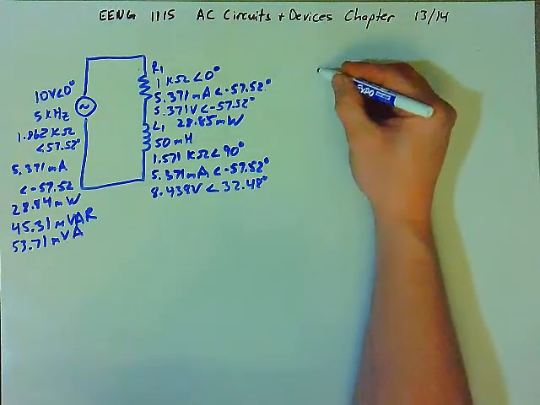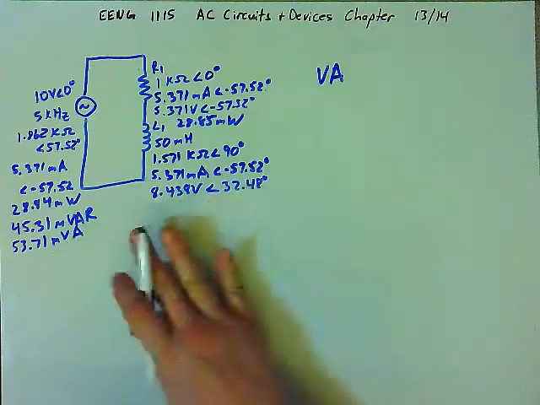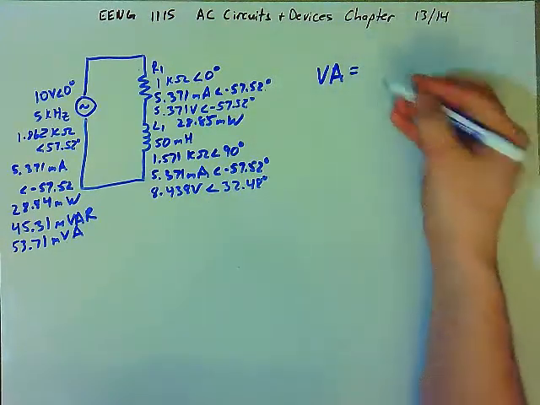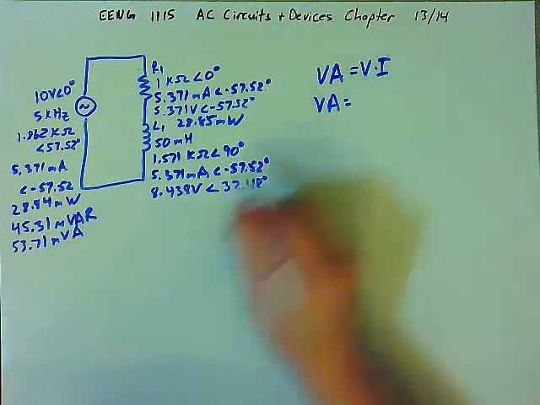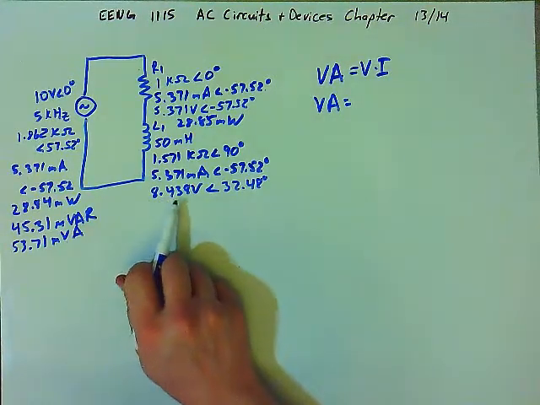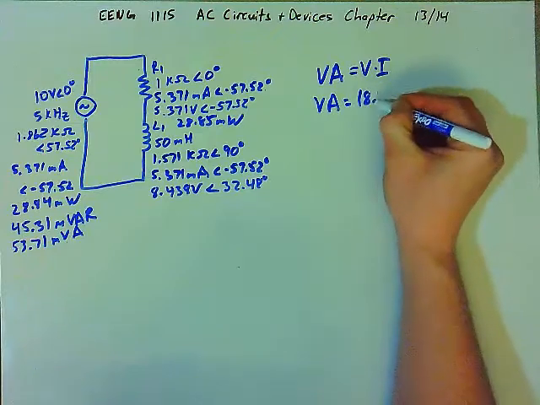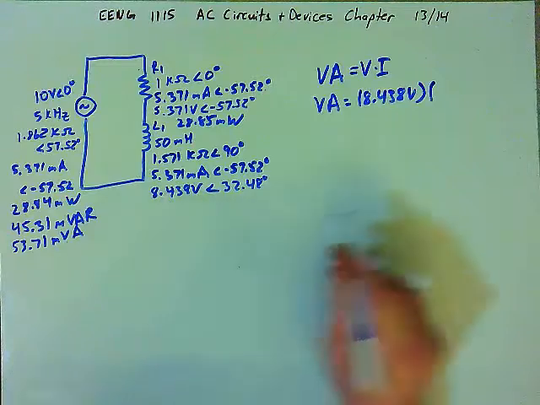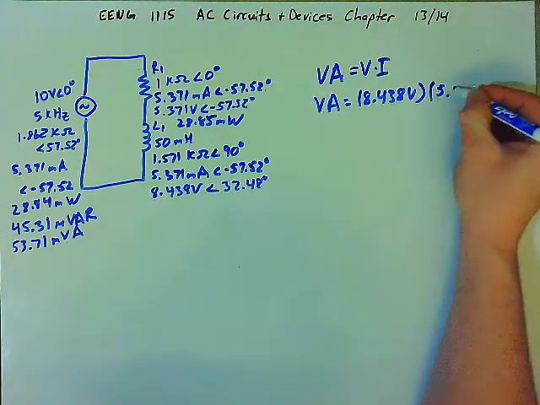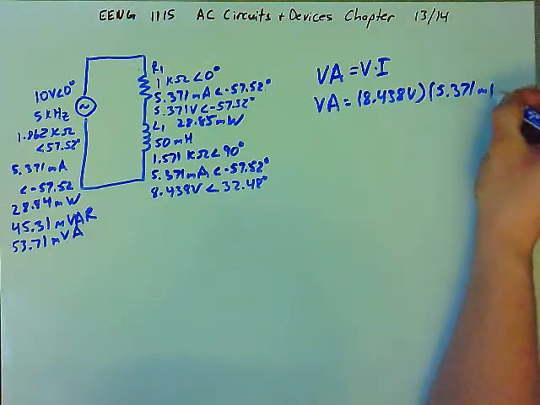Let's start by finding the volt amps. The volt amps of the inductor is simply the voltage times the current. And so the volt amps will be the voltage, which is 8.438, times the current, which is 5.371 milliamps.